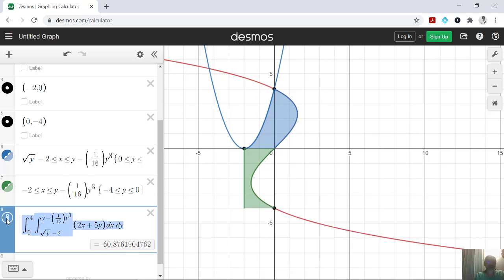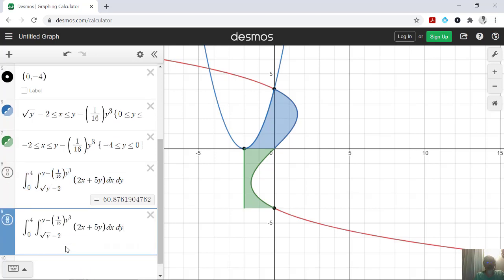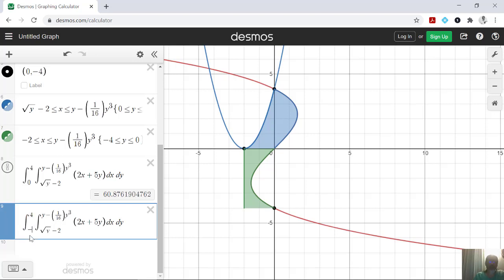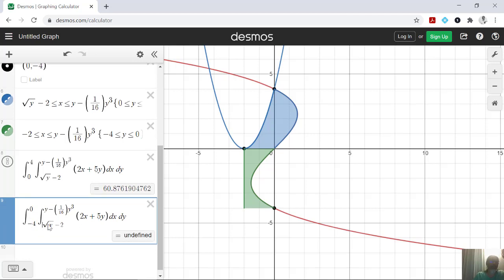Okay, we can recreate the same thing to get our second integral. This time it goes from minus 4 to 0, and the lower limit is -2, and the upper limit stays the same, and here we get a negative value, it looks like.